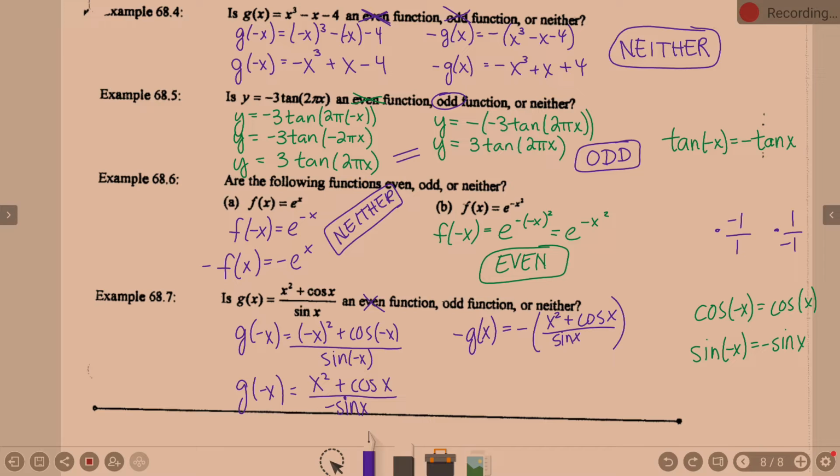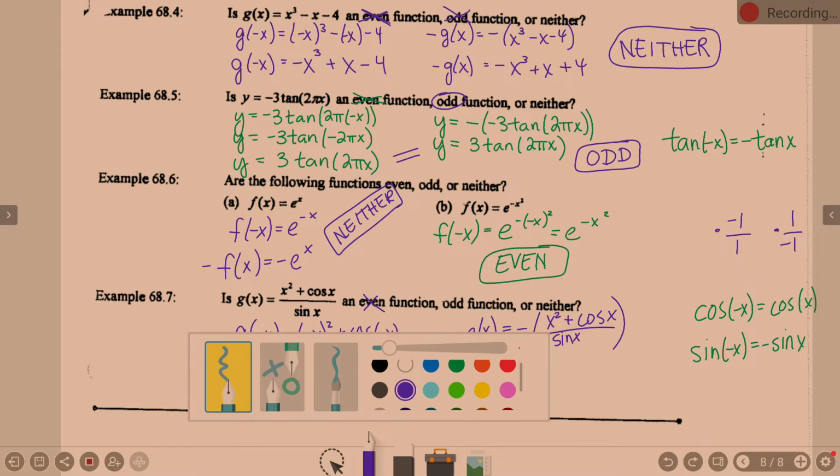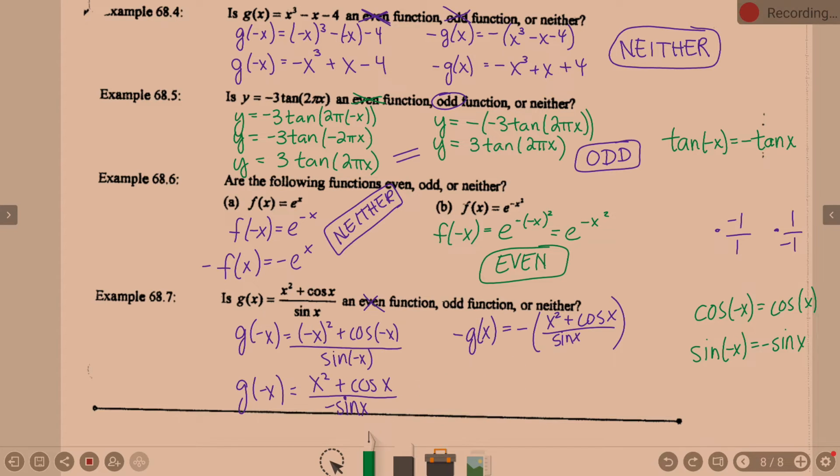Do you see what I'm saying there? So in a situation like that, you really have to look at the whole problem and decide, do I multiply it into the top or the bottom? I would even just stop here and point out that these guys are going to be equal, and so it's going to be odd.